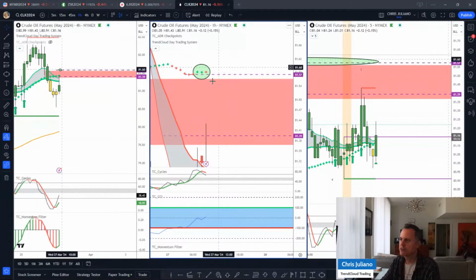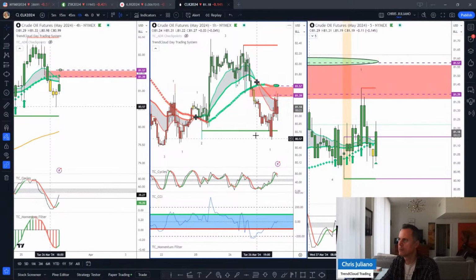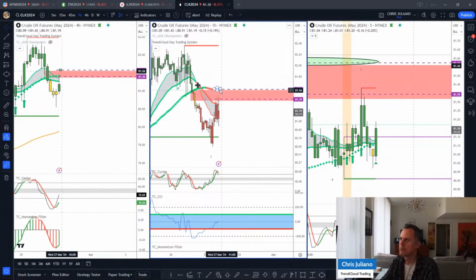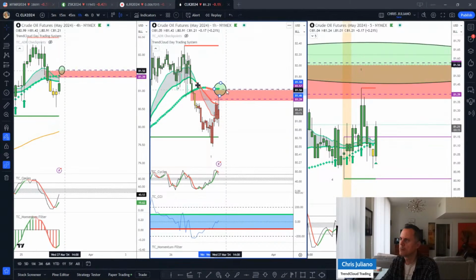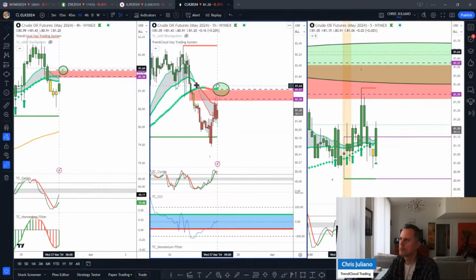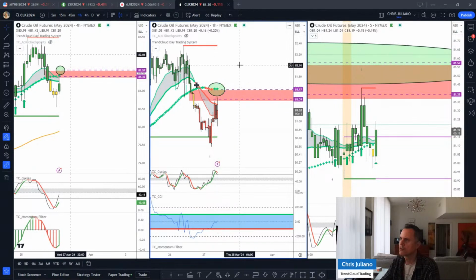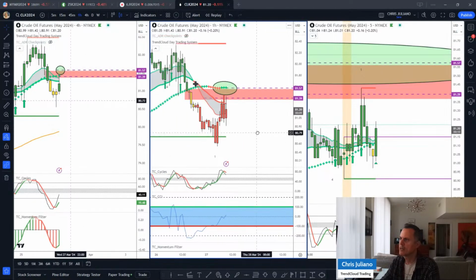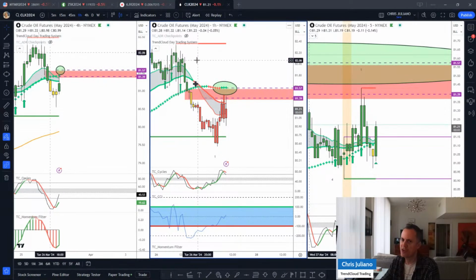That is a TrendCloud warning signal. TrendCloud warning signal right there. Turning green. That means we might get a deeper pullback into this area.